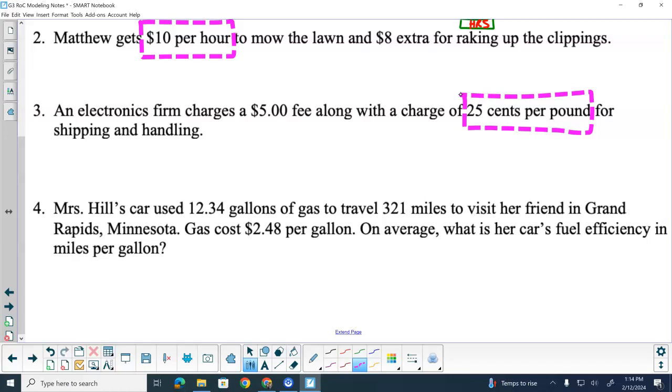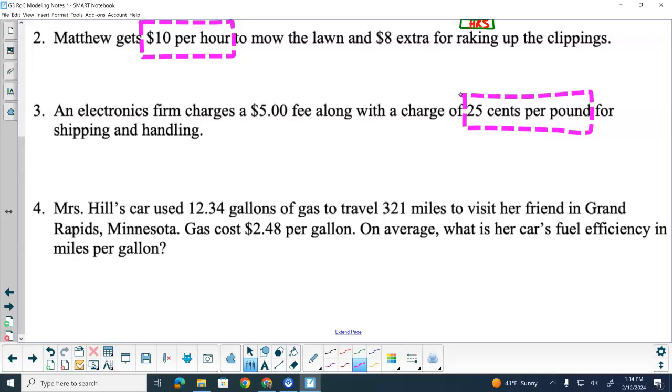Now with longer stories come more information. Mrs. Hill's car used 12.34 gallons of gas to travel 321 miles to visit her friend in Grand Rapids, Minnesota, which is up northwest of Duluth. Gas costs $2.48 per gallon.